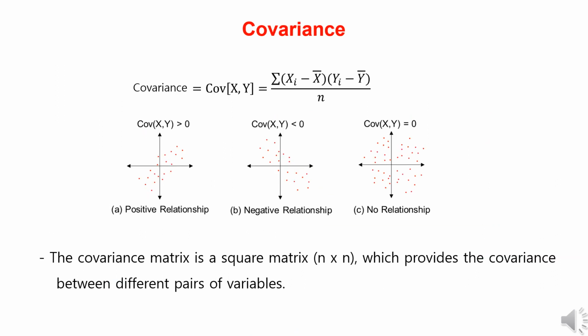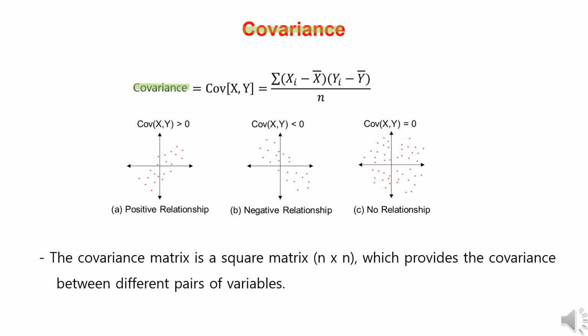Before that, let's take a look at the covariance matrix, which represents the covariances between different variables. Variance measures the extent to which data is spread out. If the data is widely distributed, the variance is large, and if it is tightly packed, the variance is small. Covariance is an extension of variance for multiple variables.